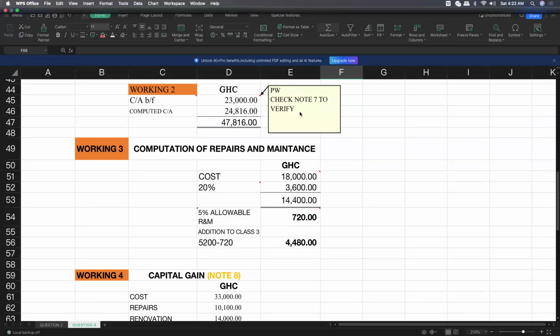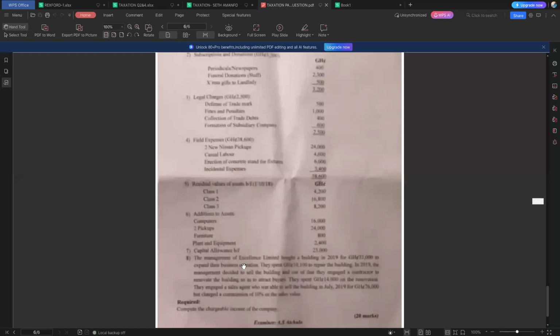Our capital gain is from this part, note 8. We were told that the management of Excellence Limited bought the building in 2019 for 33,000. It's a cost.